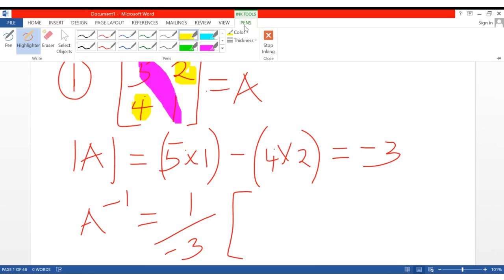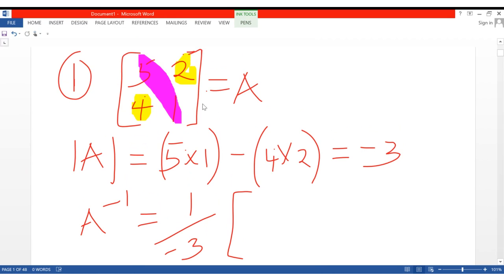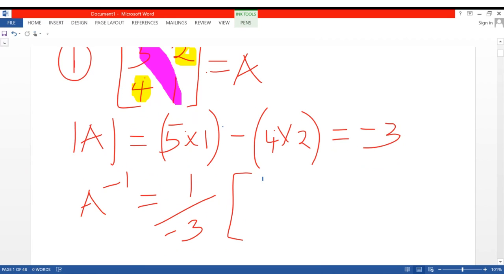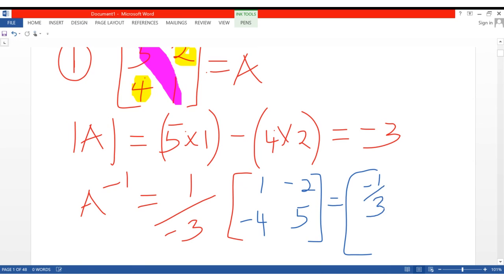So this is what I'll be able to get: 1 and 5, and then negative 3, negative 4, which you can still multiply throughout. I'm able to get negative 1 over 3, 2 over 3, 4 over 3, and 5, negative 5 over 3, if you multiply by the what? The inverse of the determinant.